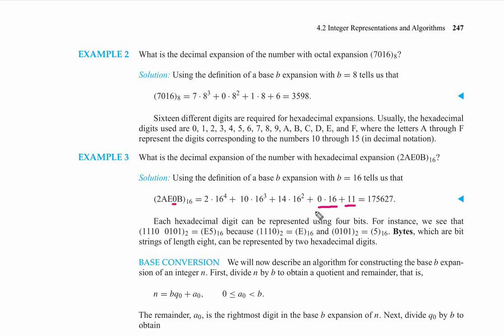E is 14, so that's 14 times 16 squared. A is 10, 10 16 cubes, and one more digit, 2 16 to the 4th powers. So multiply and add those together, that's 175,627.